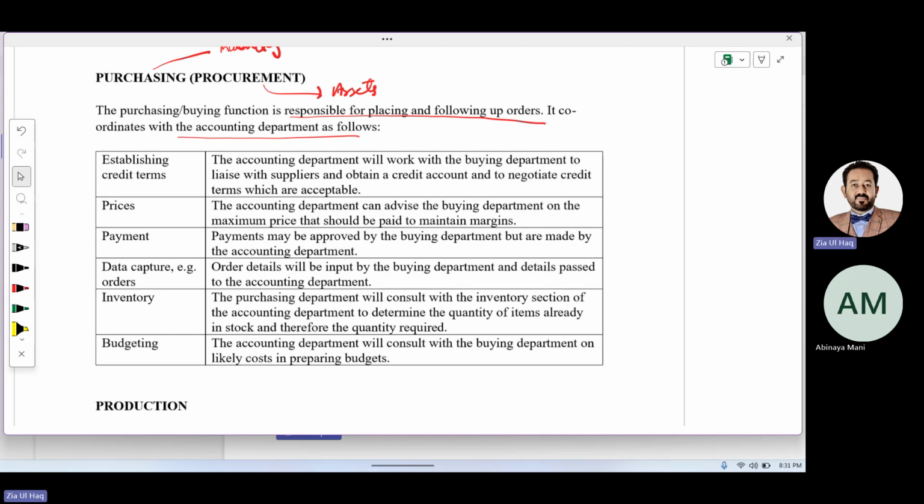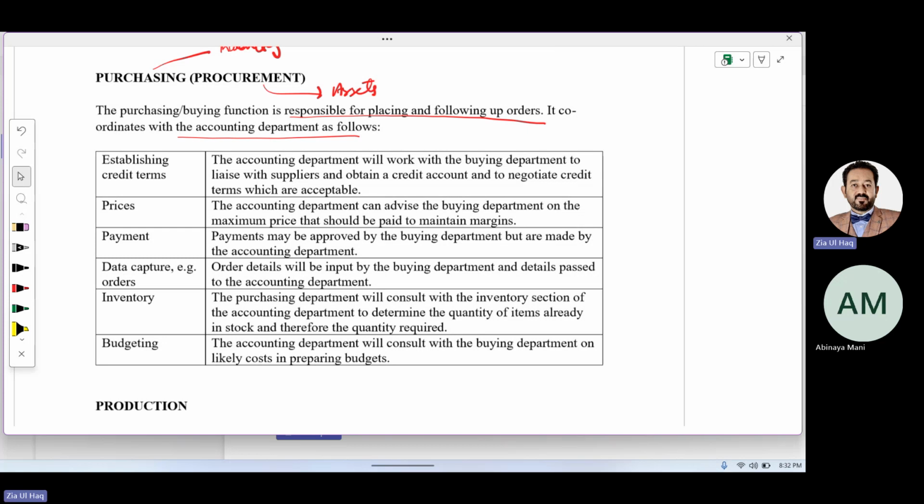The accounting function will inform the purchase department how much credit we should gain from the supplier, in how many days, 30 days or 60 days, according to working capital management. If we are receiving from customers in 60 days but paying suppliers in 30 days, is that fine? No, we should ask the supplier, we will pay you after 60 days.